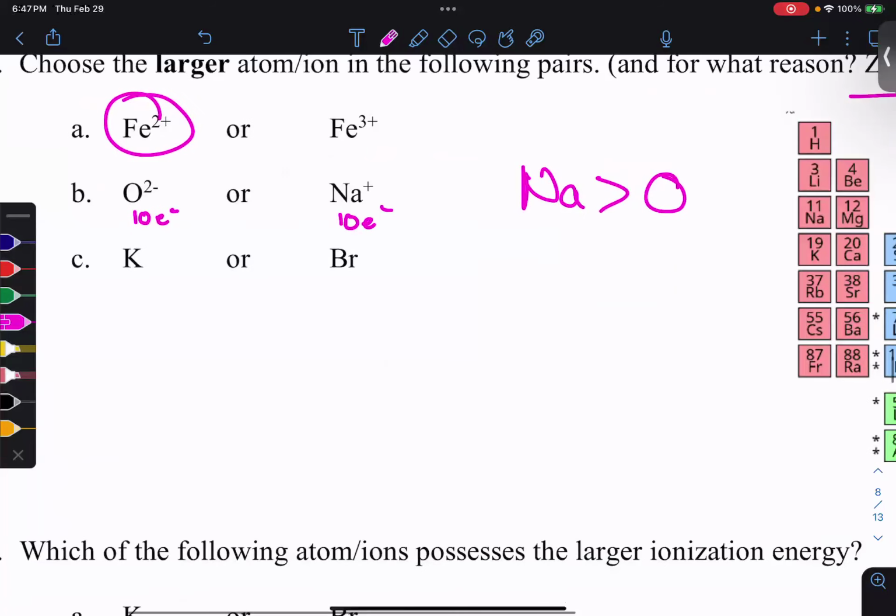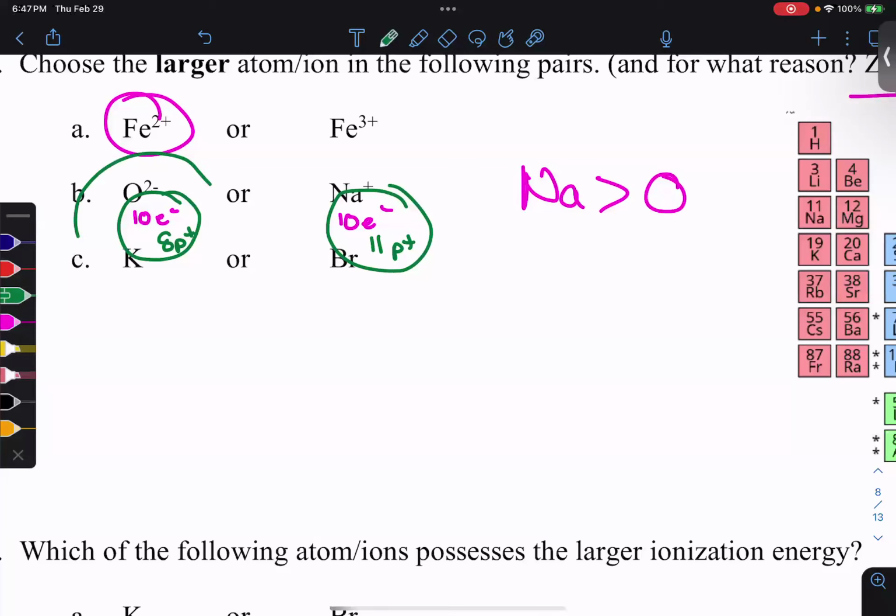So this is an example of a weird isoelectronic exception. Both of these have 10 electrons. Oxygen, though, has 8 protons, and sodium has 11 protons. So you have an atom with 10 electrons, 8 protons. Or this atom, 10 electrons, 11 protons. Which one is larger?